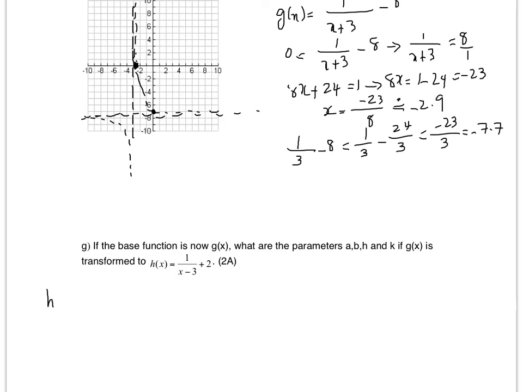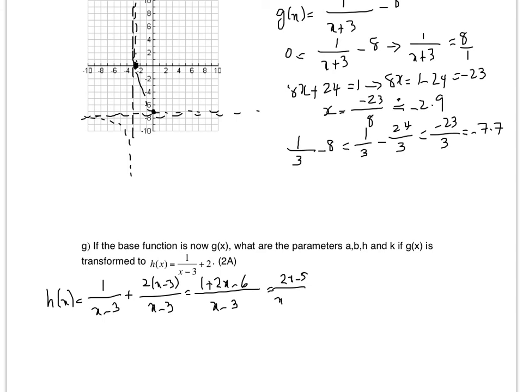So we say that h of x is the same as 1 over x minus 3 plus 2 times x minus 3 over x minus 3 to have the same common denominator. This one gives us 1, and then distribute 2 inside the bracket. We get plus 2x minus 6, which is 2x minus 5 over x minus 3.